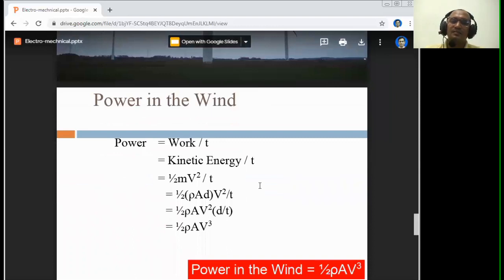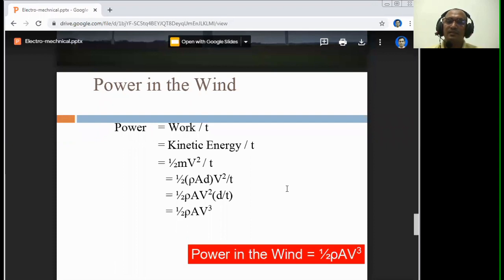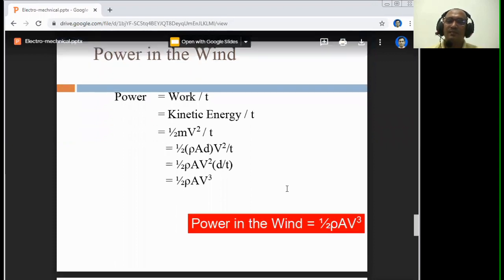Definitely the density of air is very low compared to water. That's why the windmill blade is much lighter compared to the turbine of water dams or hydropower systems. And here the velocity of air is also much less compared to water due to gravity action. So definitely the energy density or power in case of wind is much less compared to water mass flow or volume flow.